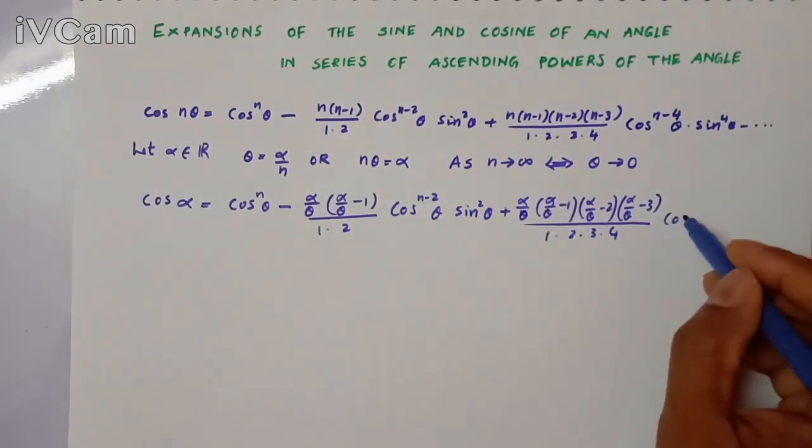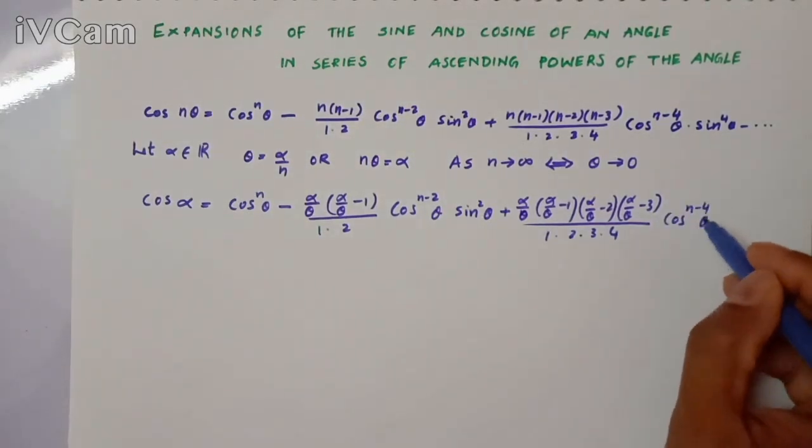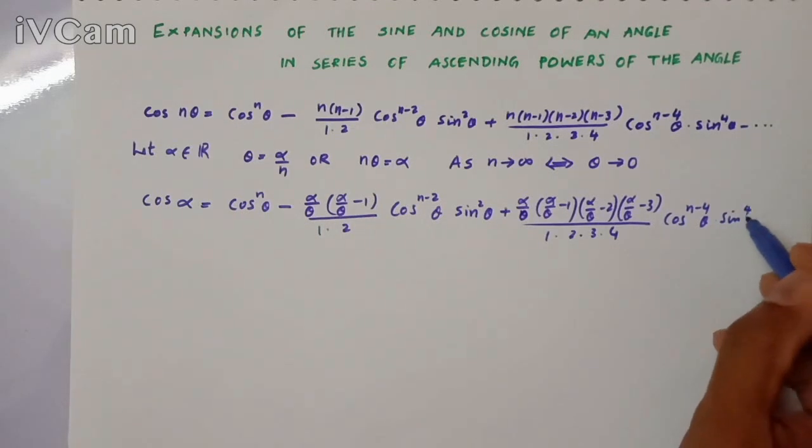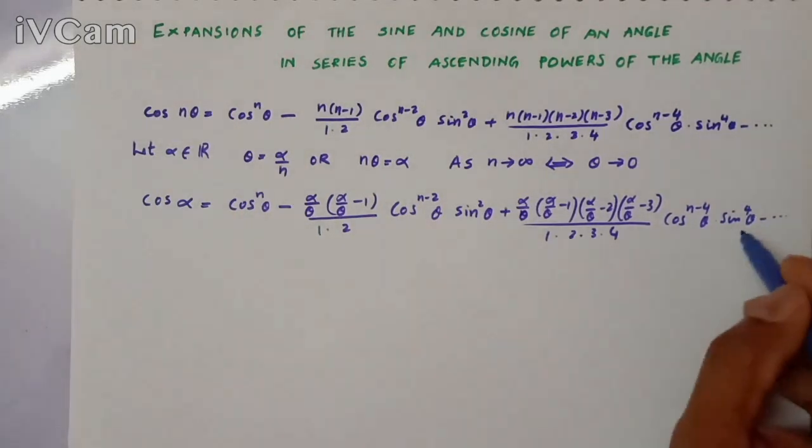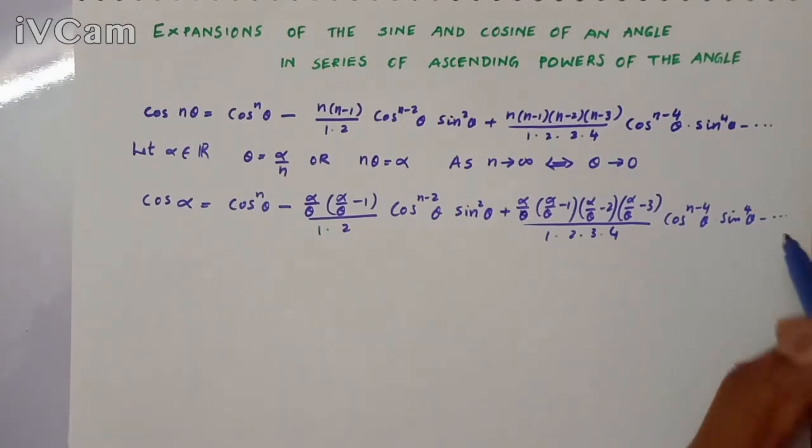This is cos raised to n minus 4 theta sine raised to 4 theta minus etc. So this right hand side will also terminate. Clear?